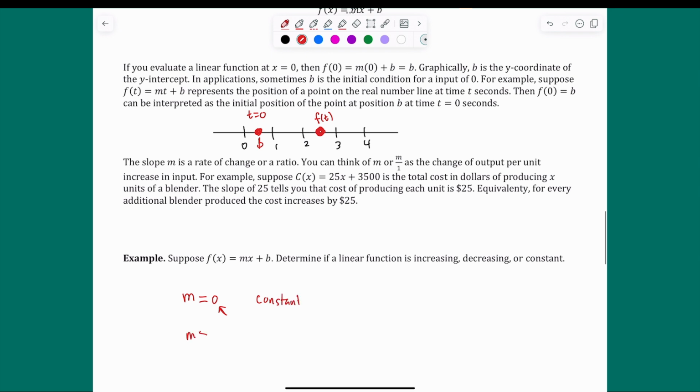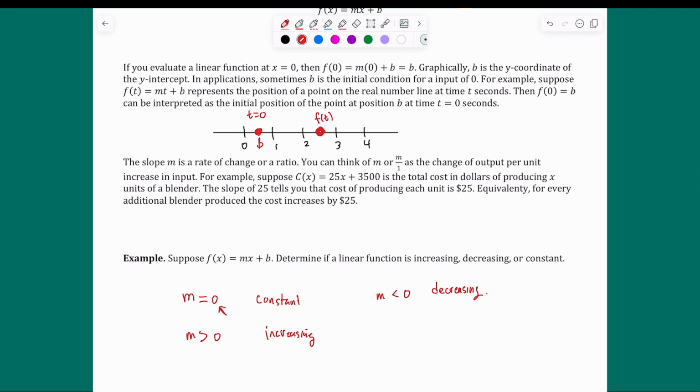Now, if m is positive, we know that the rate of change is positive, which means it's increasing. If m is less than 0, we know that the rate of change is negative, so therefore it is decreasing. Okay, so it's very easy to determine if a linear function is increasing, decreasing, or constant.